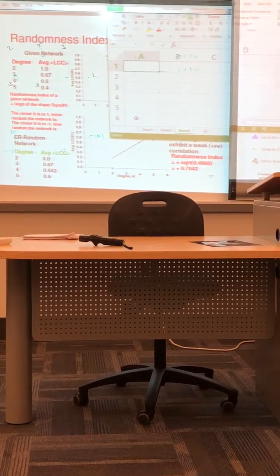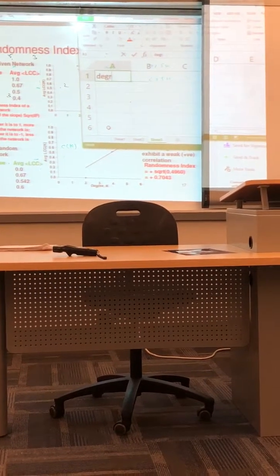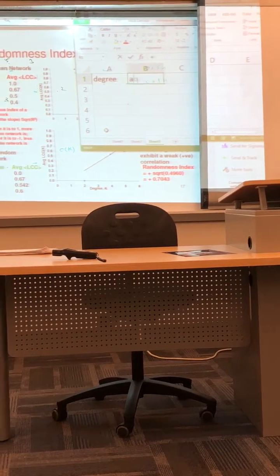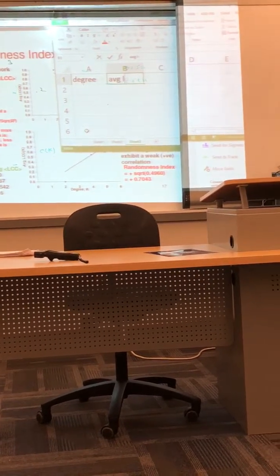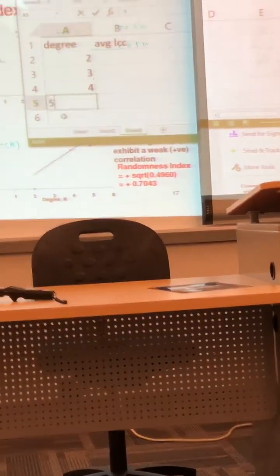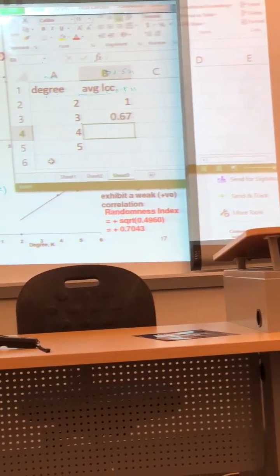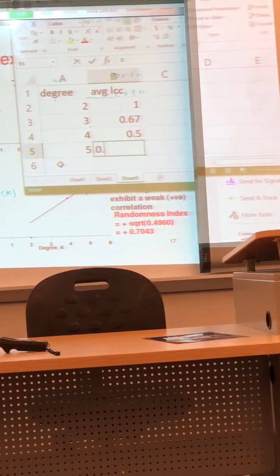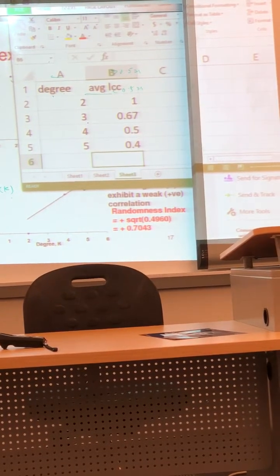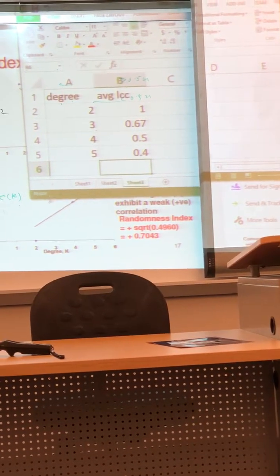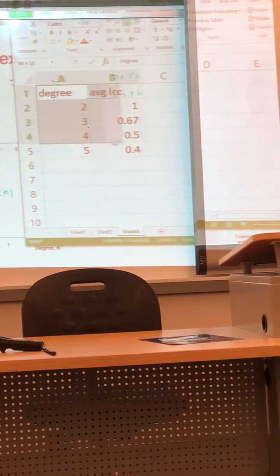So the degree, and all you have to do is try to fit this to a straight line.